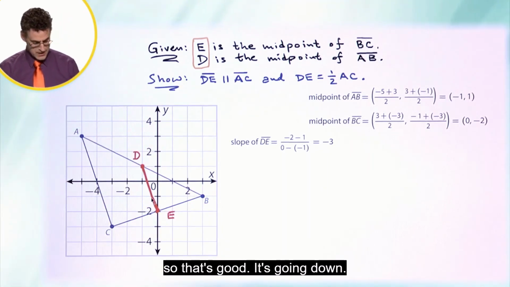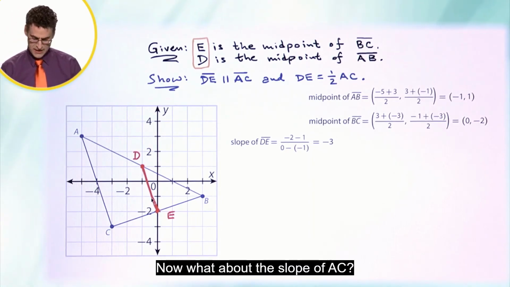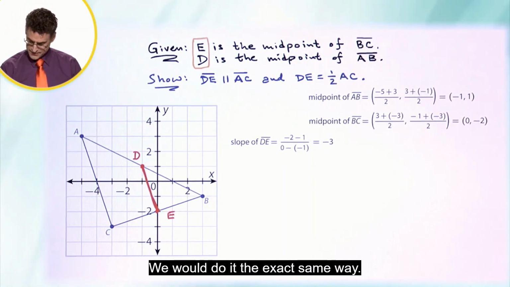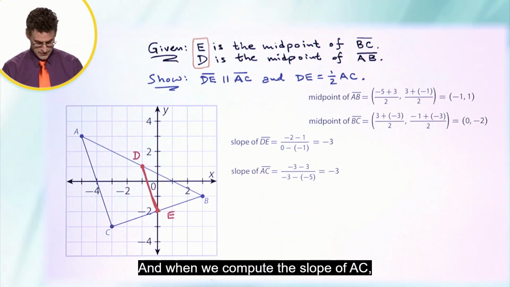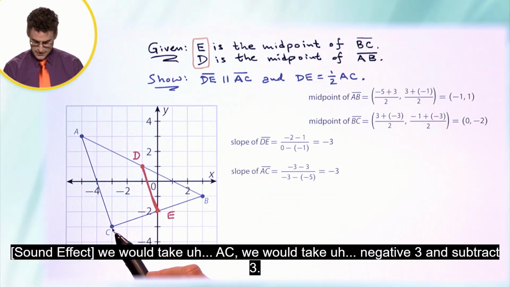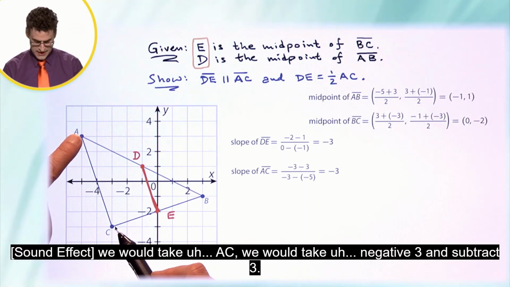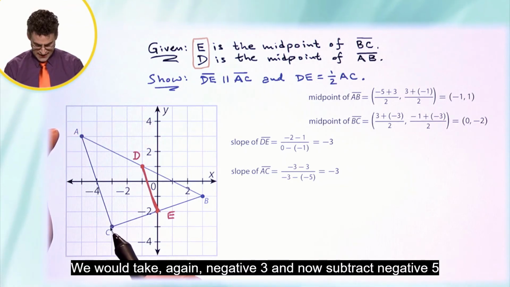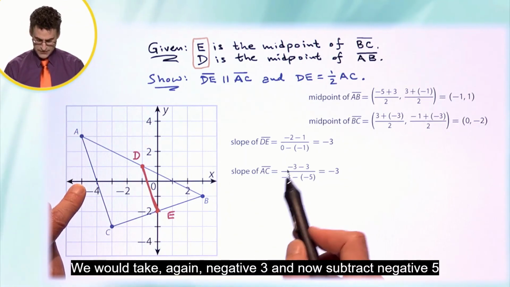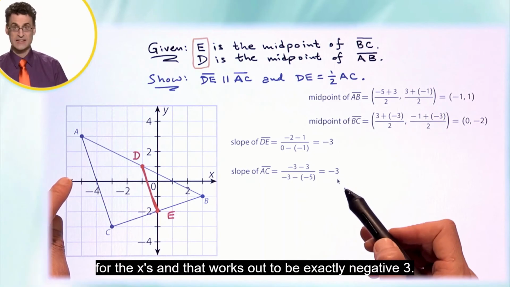Now, what about the slope of AC? We would do it the exact same way. When we compute the slope of AC, we take -3 minus 3 for the y's, and -3 minus -5 for the x's, and it works out to be exactly -3.